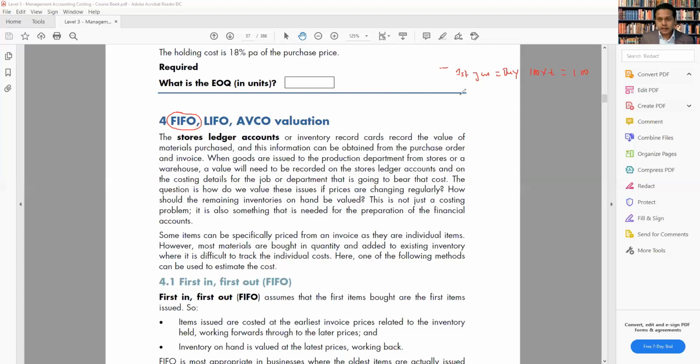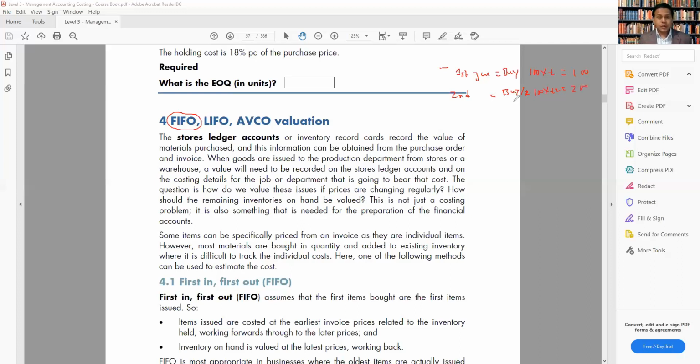On 2nd of January, let's say we buy another 100 units, and every unit the price is 2, so 200.